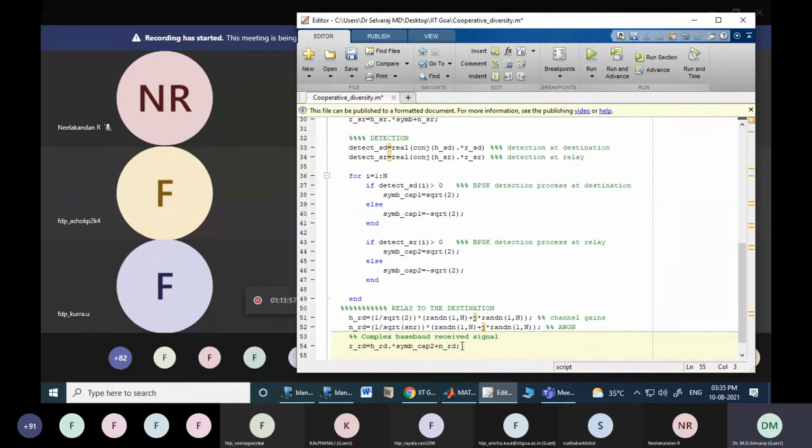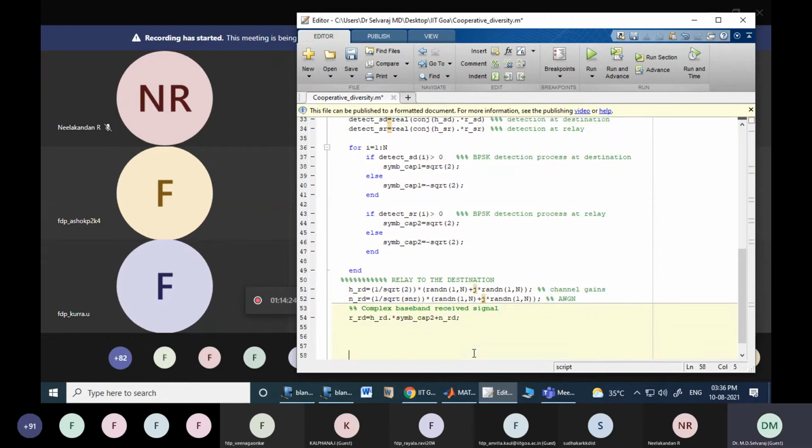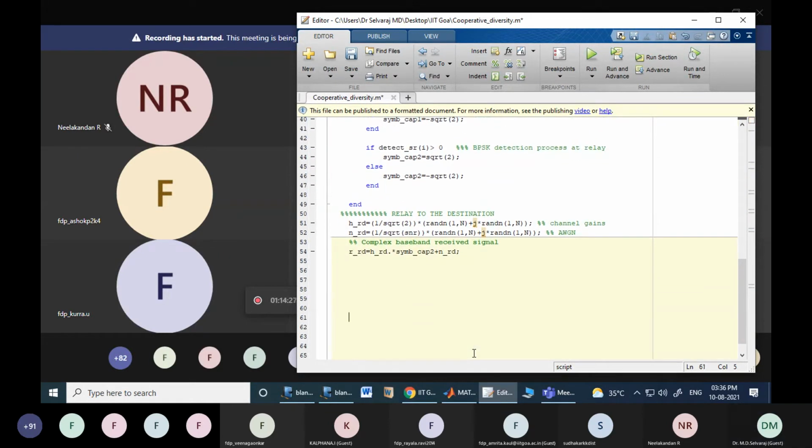After that, the detection process. The detection process at the destination again.